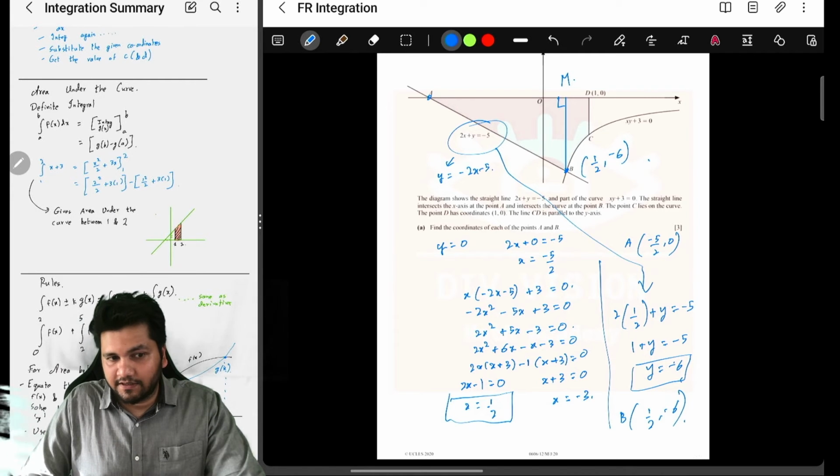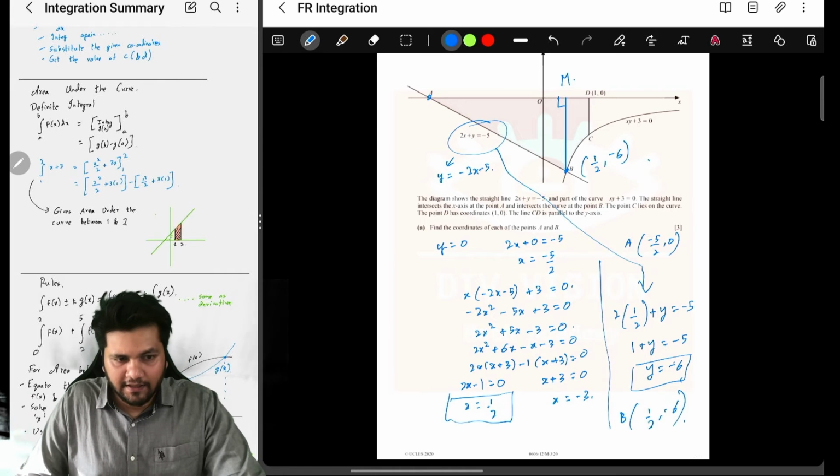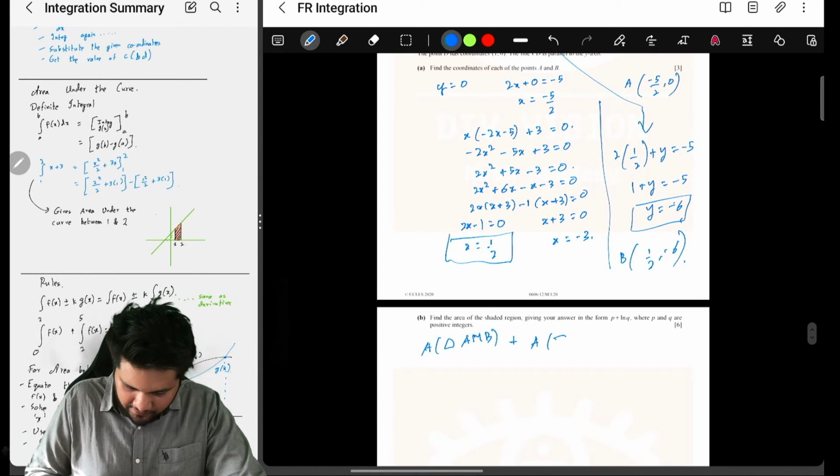Now this is interesting, that we are finding the area under the curve from 1 by 2 to whatever this point is, and with respect to this function.